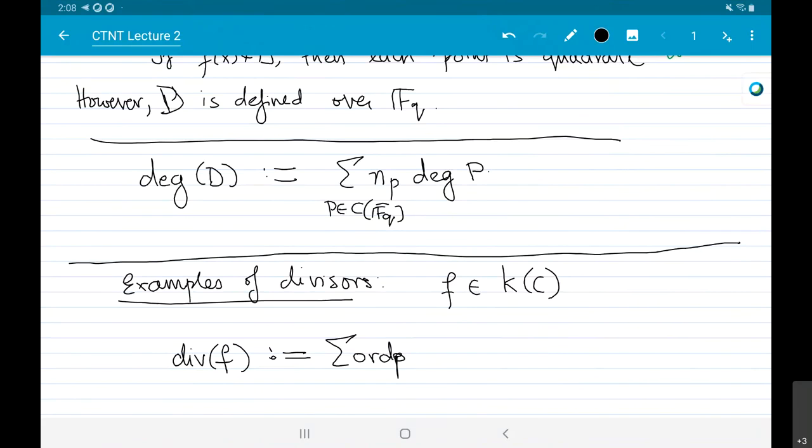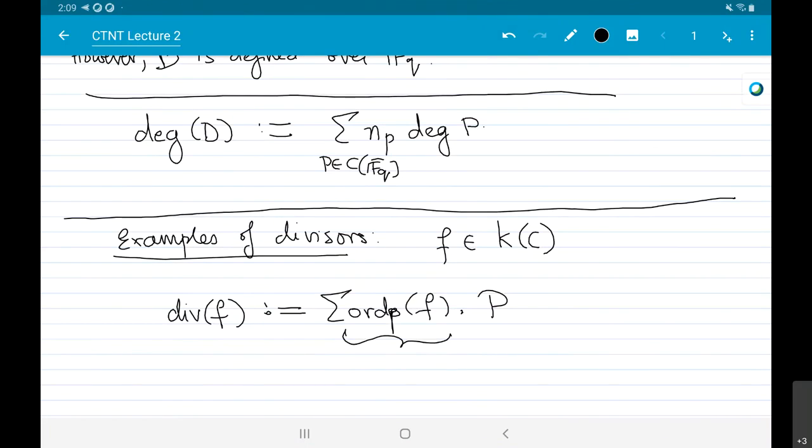Okay. Oof, technology. Sorry. So the way you construct the divisor div f is you take the order of the function at P and then multiply it by P, right? So what does order mean? If f has a zero at P, then this is the order of vanishing.